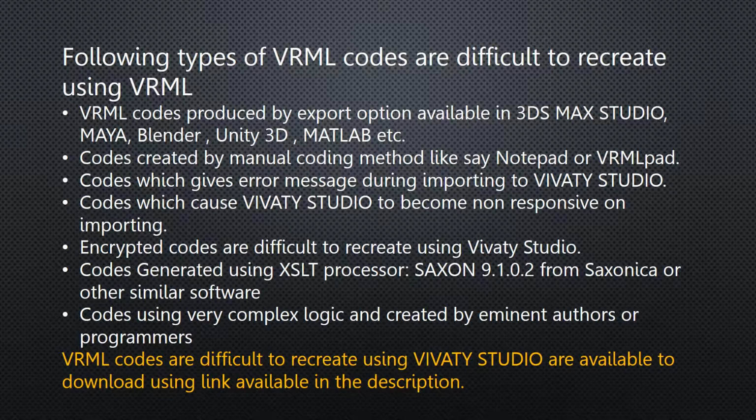In that case, it will be very difficult to import that code into Vivati Studio, and Vivati Studio may hang in such cases. So these codes cannot be reproduced. Of course, this is not applicable for all the codes. Certain codes which are very simple can be very easily reproduced.